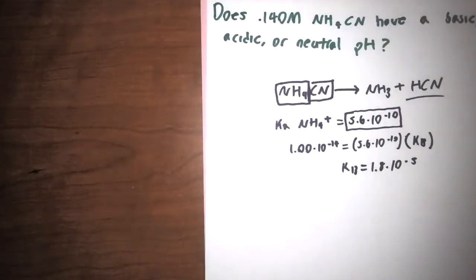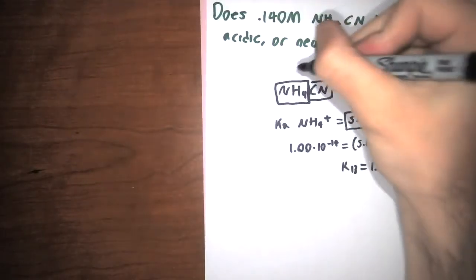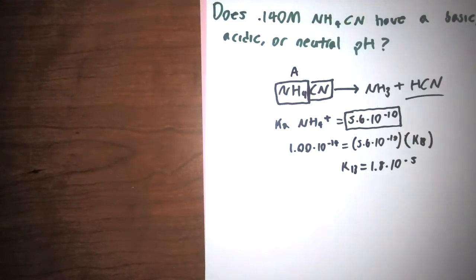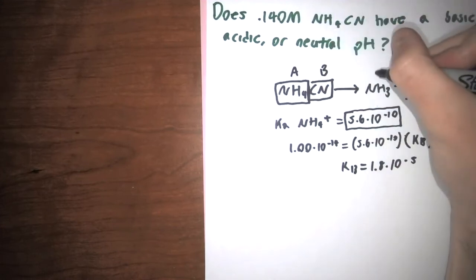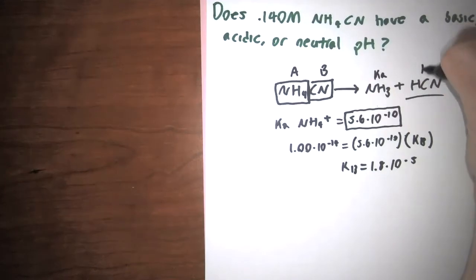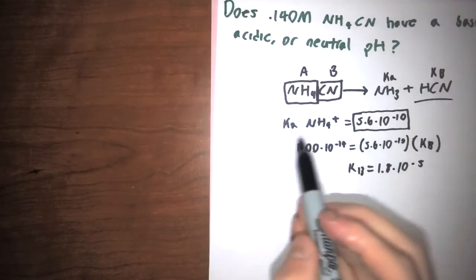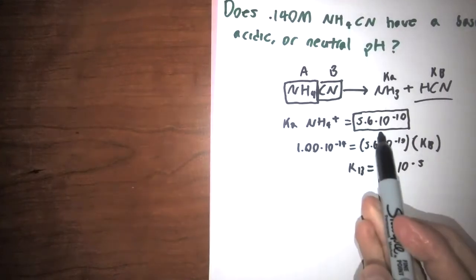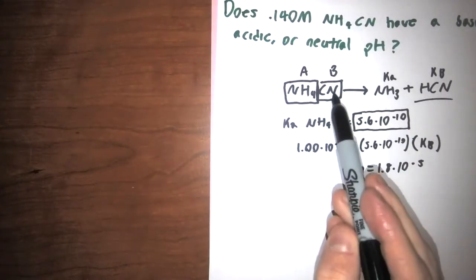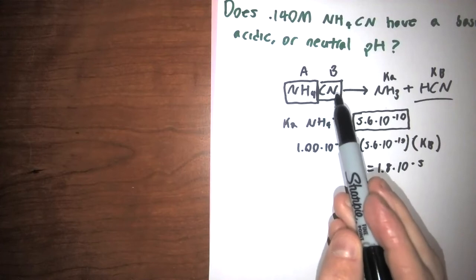So let's apply that to this rule. If my NH4 plus is my acid, that leaves CN minus to be my base. So I need a Ka here and a Kb here. Double checking our work, we ran a Ka for NH4 plus. We're good to go. I need a Kb for CN minus.